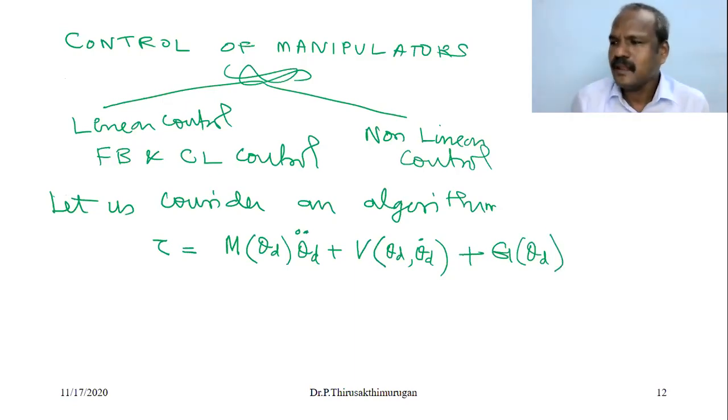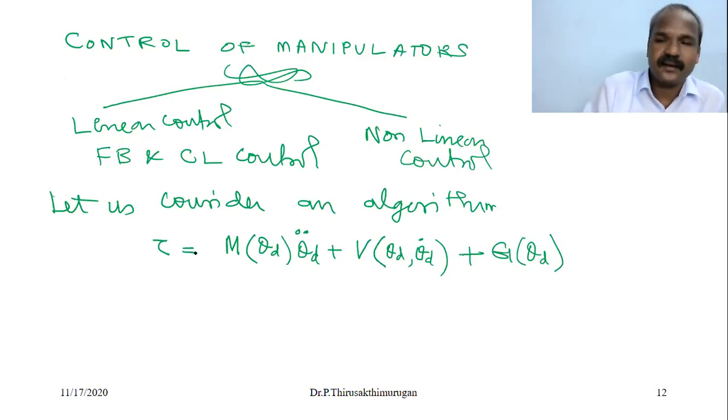The theta d suffix indicates the desired position, desired velocity and desired acceleration. Let us see one possibility of the dynamic equation of a robot. This is already discussed.